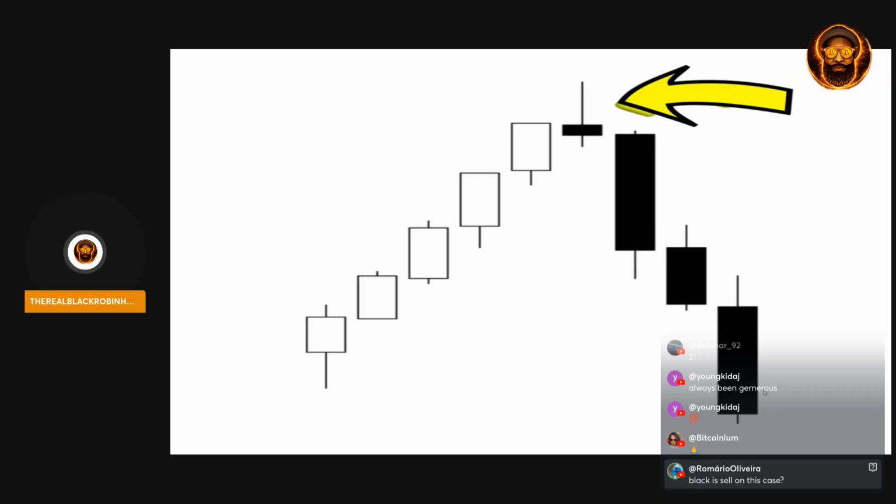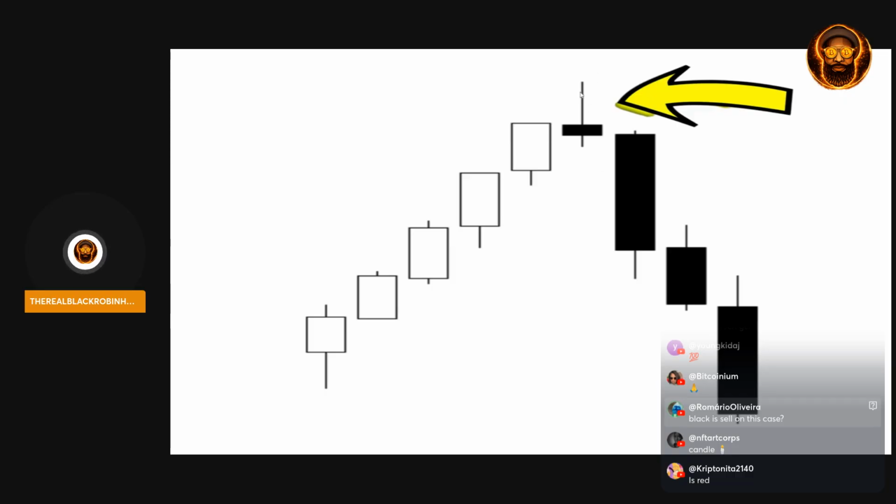Yeah, in this case, black is sell. But you know, you can use red, you can use purple. But yeah, like I was telling you, sometimes people use green and red. Some people use white and black. So the white is bullish, right? Which means the bulls had momentum. It was going up, up, up, and then the bears came in.